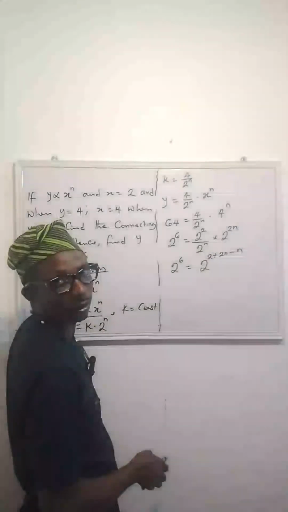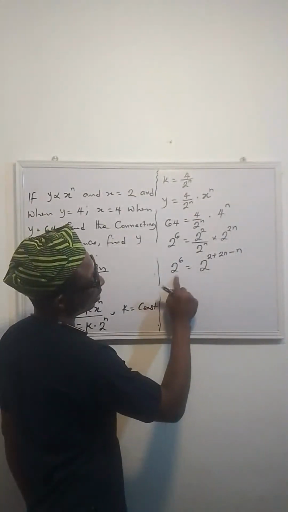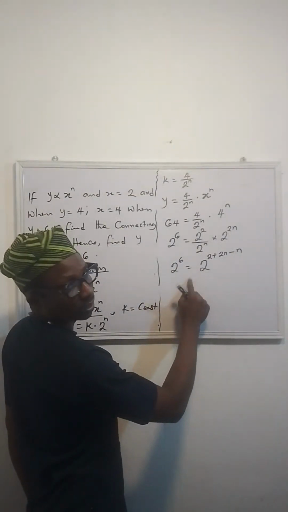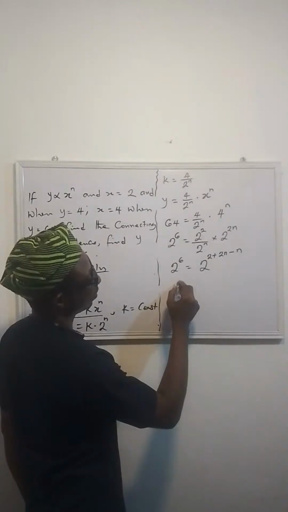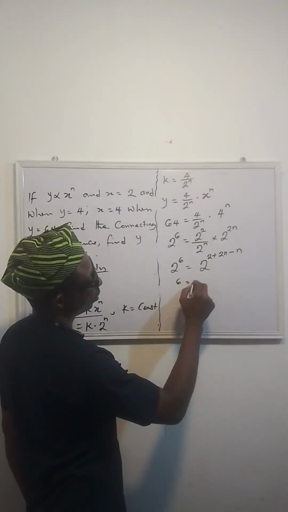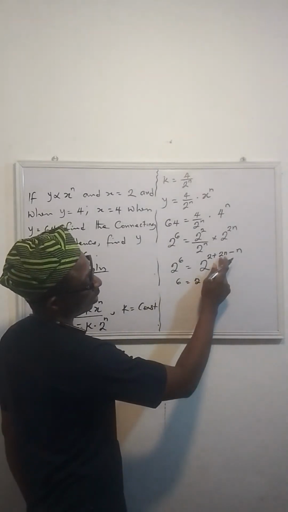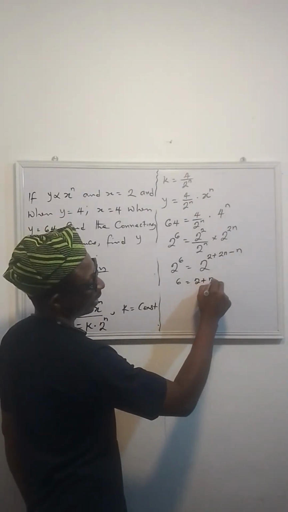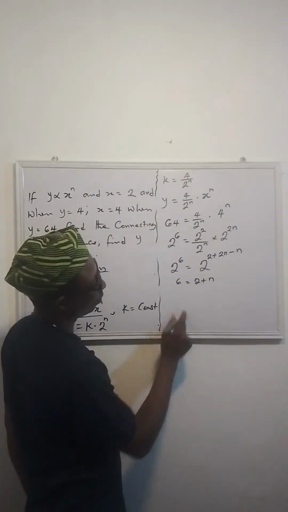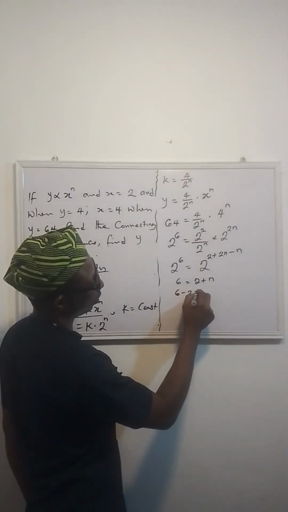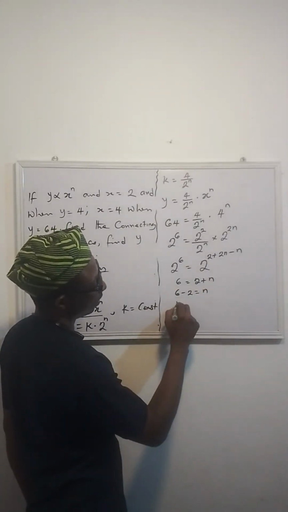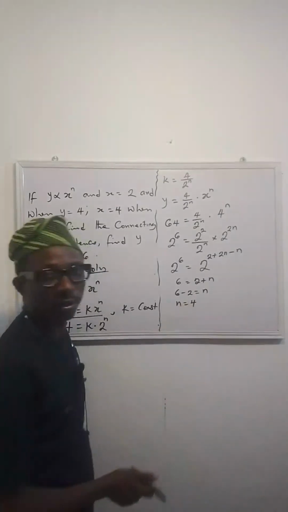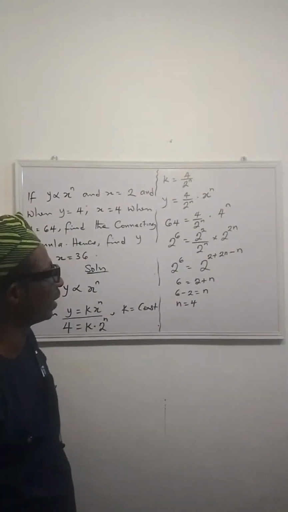Okay. All right. So you can now see that we have equal bases, so you can equate the powers. So we have 6 equals 2 plus 2n minus n. Now you can just take away n from 2n, so you now have plus n. So we have 6 minus 2 equals n. So we have n equals 4. All right, so we have gotten n now.